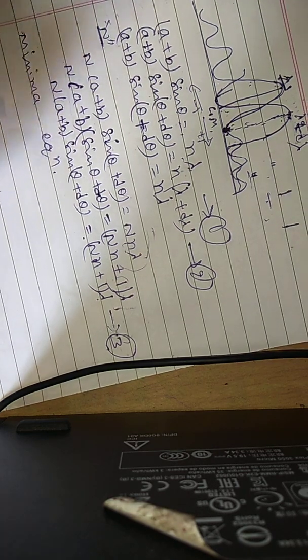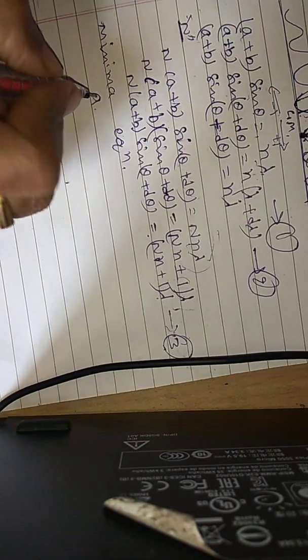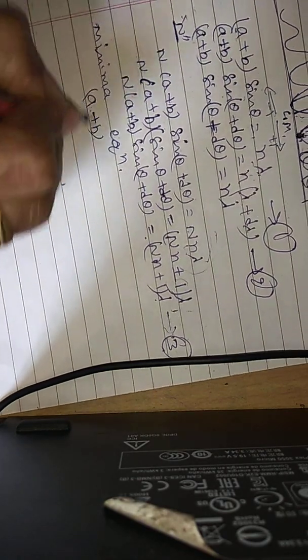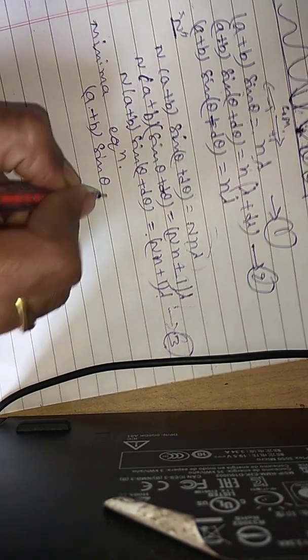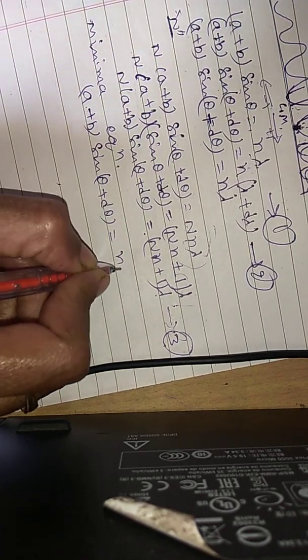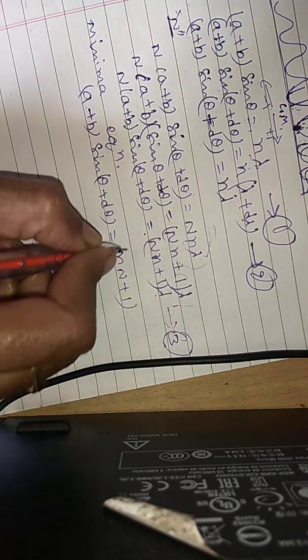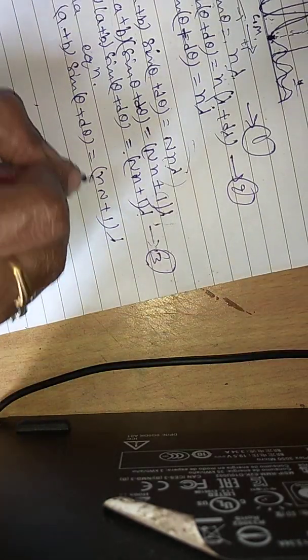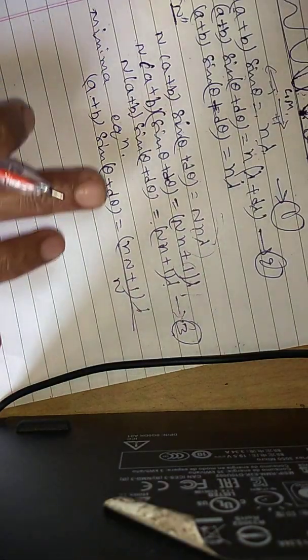After this I am taking a plus b sin theta plus d theta is equal to (n plus 1) lambda divided by n. We can write it in this way.